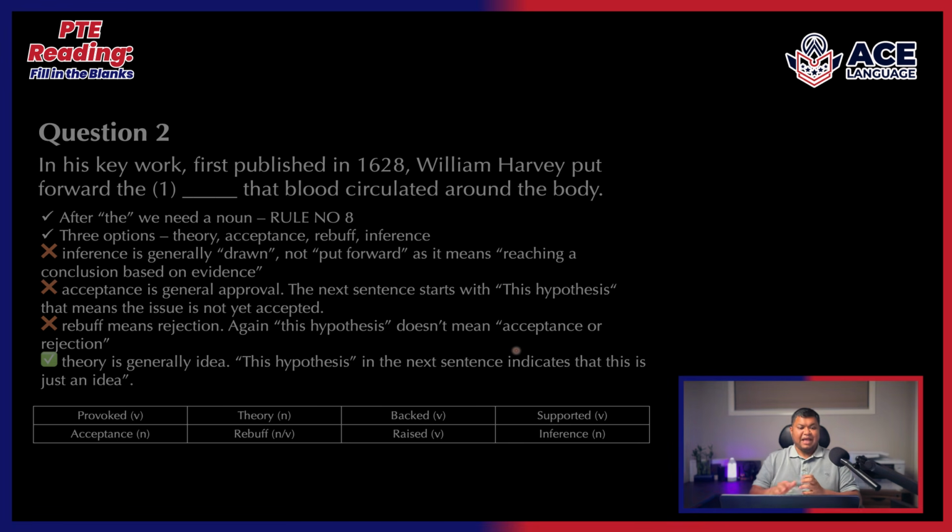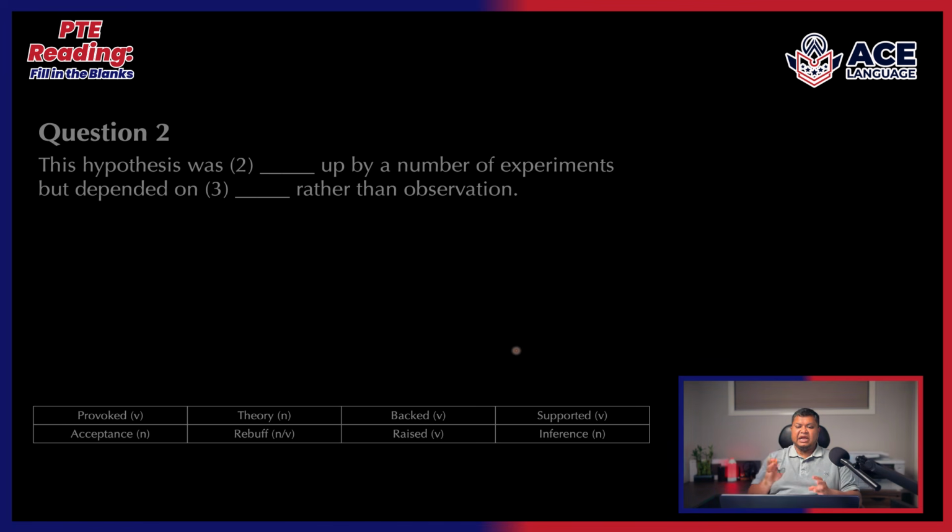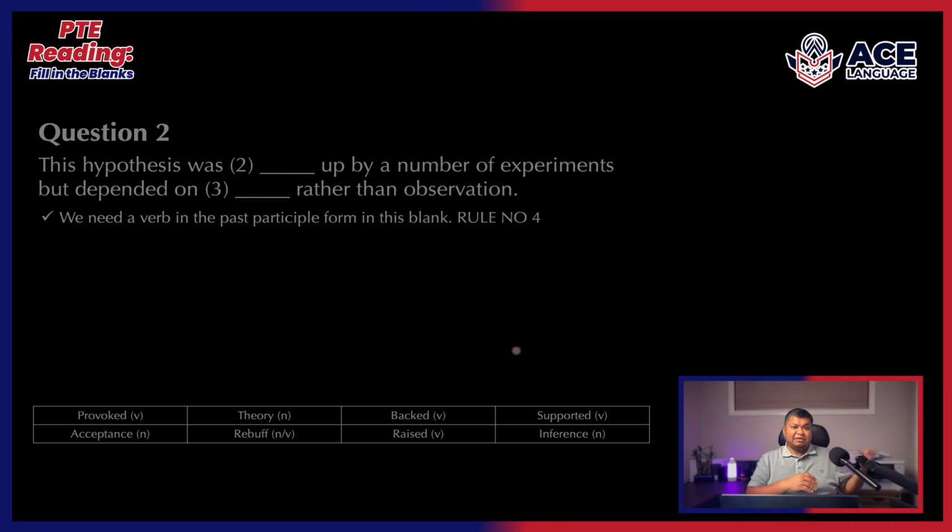Now, if I look at blank two, this hypothesis was dash up by a number of experiments. Dash up was dash up. So remember our rule number 4, if the blank is preceded by am, is, was, or were, and it's in passive voice, it requires a past participle.